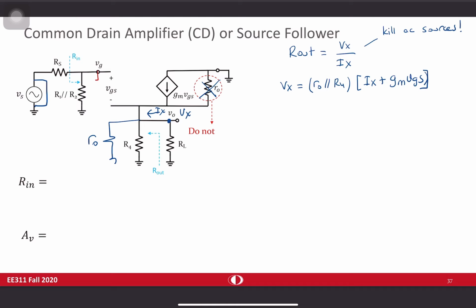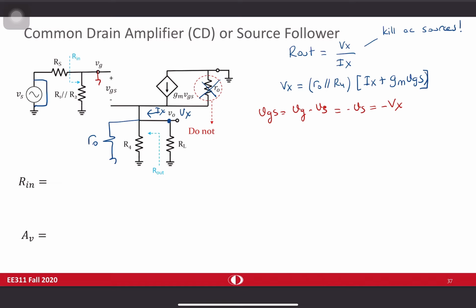So in this condition, gate is grounded. So VGS is equal to VG minus Vs, which is minus Vs, which is the term that I wrote just a few minutes ago, which is Vx, of course, minus Vx.